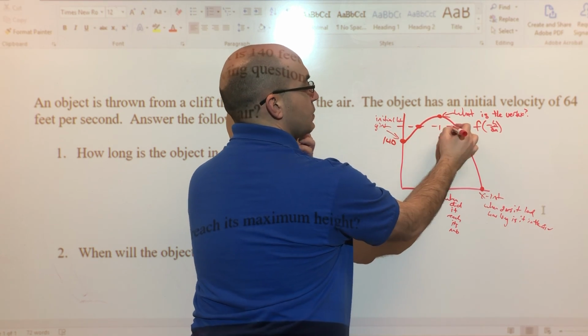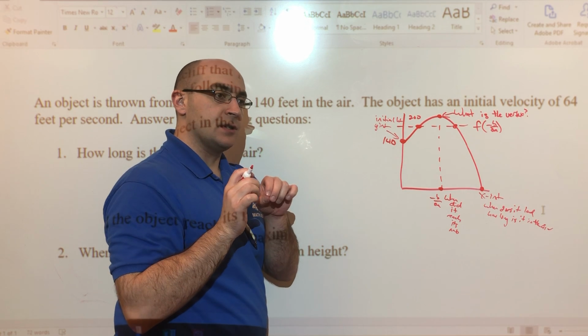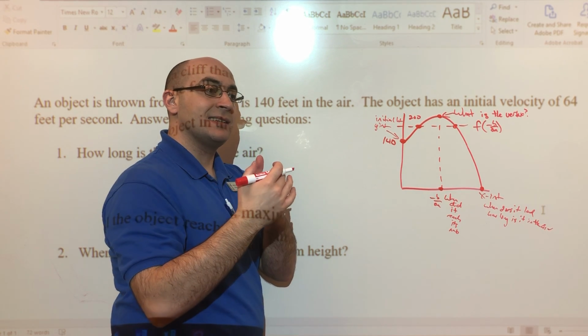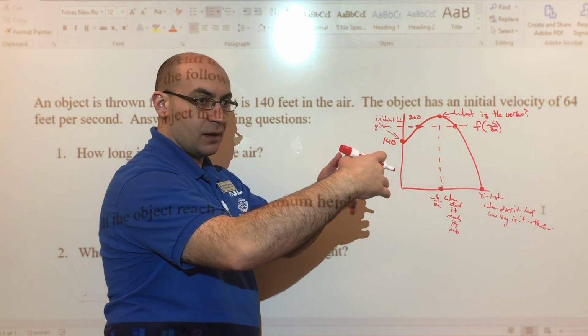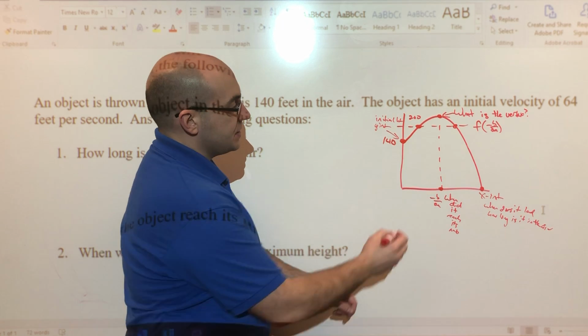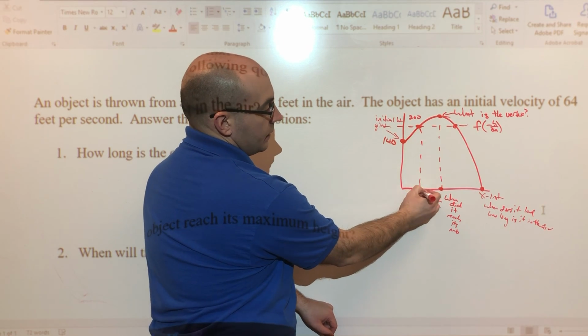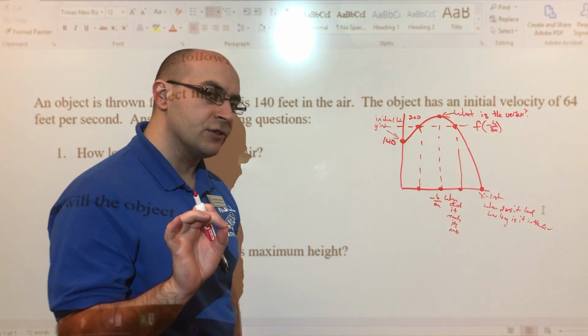There are 2 spots where it'll be above 200 feet. Meaning I'm going to have to get both values, so solve the quadratic as it's equaling to 200. So like f of x equals blah, blah, blah, or 200 equals blah, blah, blah. I need to find both x values, right? And then I'll have to subtract them, meaning I need to find the difference between those 2 values. So think average rate of change there.